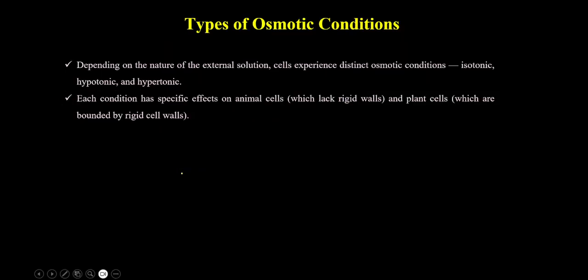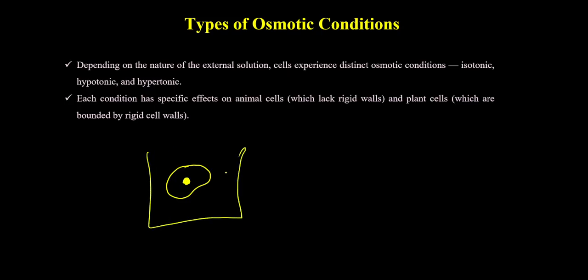Okay, then on the basis of the external solution, for example, this is a cell. There is the nucleus in the middle and this cell is placed inside a solution. There are two types of environment, one which is present inside the cell and the other which is present outside the cell, or we can say the external solution.